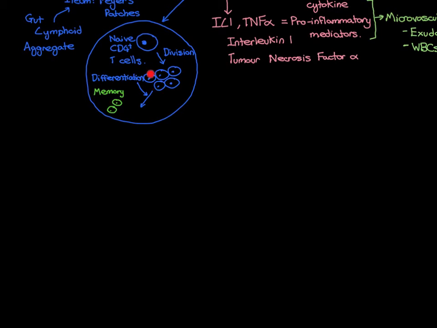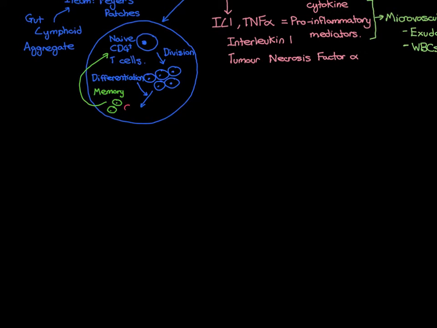It divides and divides and divides, and when these progeny of the naive CD4 positive T cell differentiate, some of them will differentiate into memory CD4 positive T cells, which will replace this initial one, and they do the same job as the original naive one, and that's really important in maintaining this adaptive immune response long term. I'll come back to the memory CD4 positive T cells in just a moment.